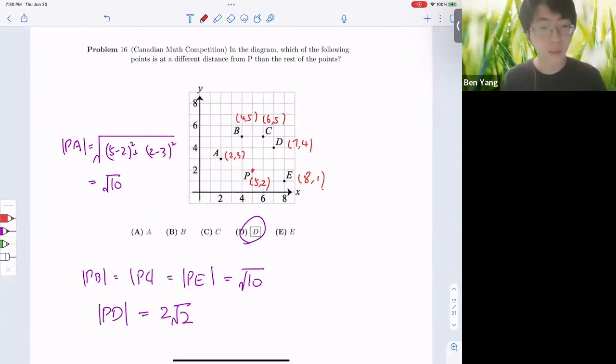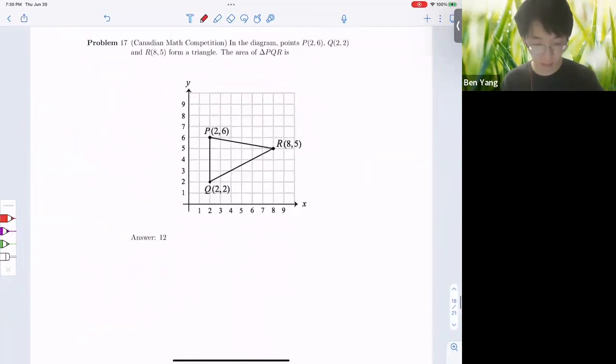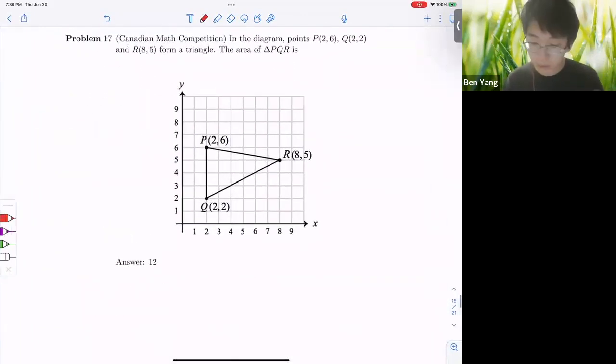Okay, let's move on. Problem 17. In the diagram, points (2, 6), (2, 2), and (8, 5) form a triangle. The area of triangle PQR is... looking at the graph, we see that PQ is actually vertical.